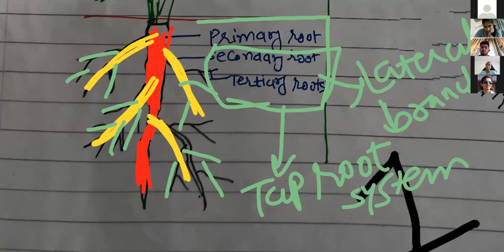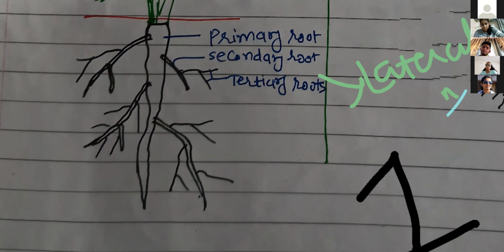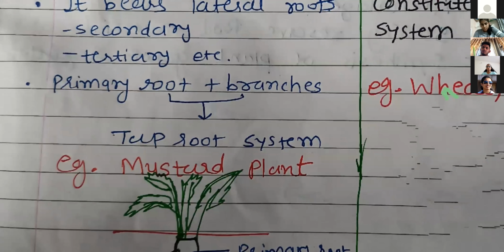In that, remember, from the seed the radicle elongates. Radicle elongates, meaning further growth occurs, and by that way it forms the entire root system. The root system that arises directly from the radicle with its branches, we call the taproot system.